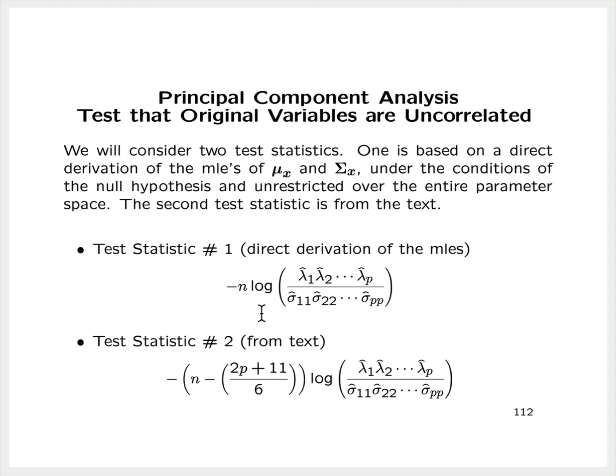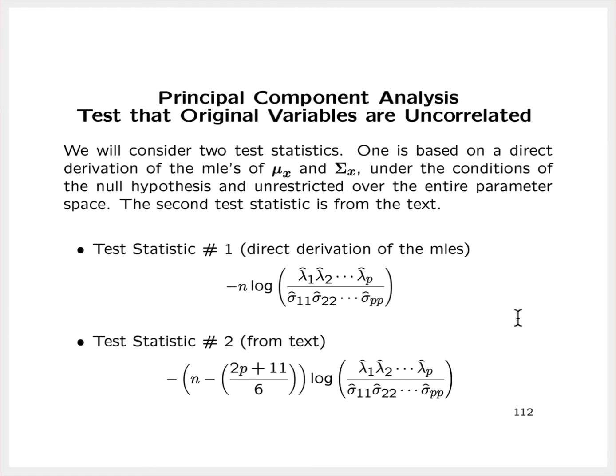The second version is used to give the test slightly better type 1 error rate performance. In this course, I'm not going to be that picky on which of these two you use. In fact, I'll tend to use this first one.